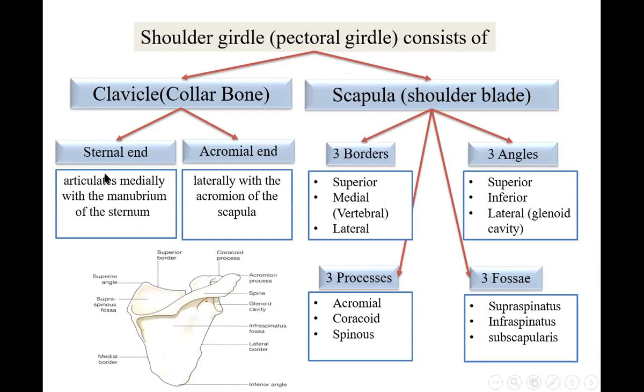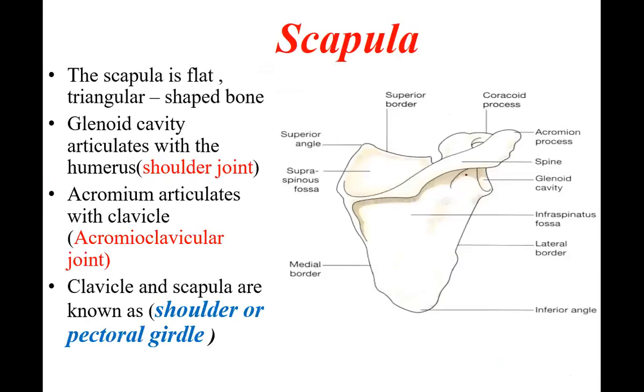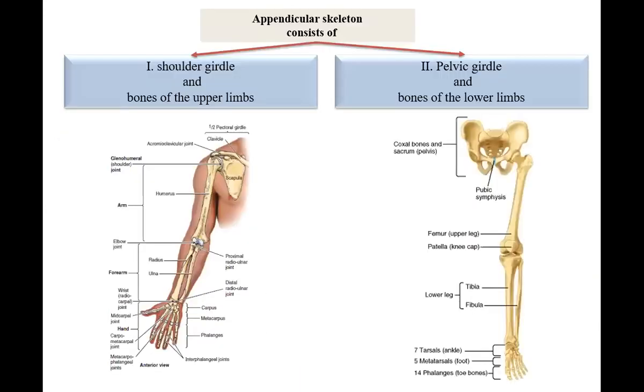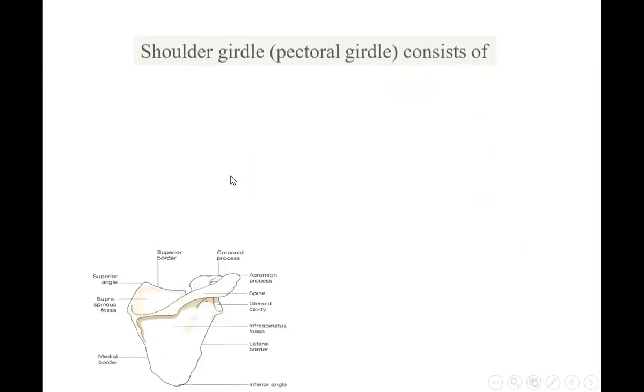The sternal end and the acromial end. The sternal end articulates medially with the sternum. So, let me show you here. This is the sternal end going and articulating with the sternum here. This is the lateral end articulating with the acromion of the scapula.